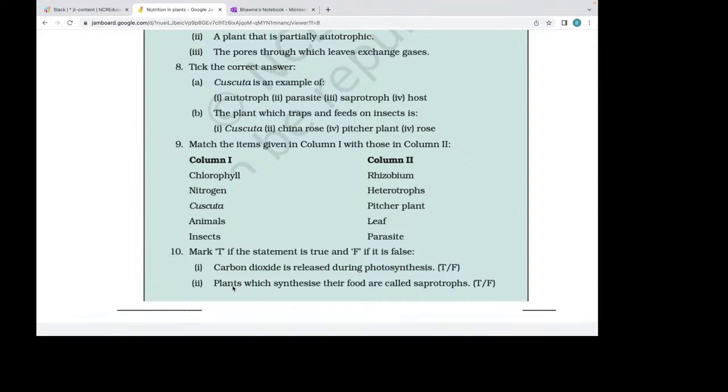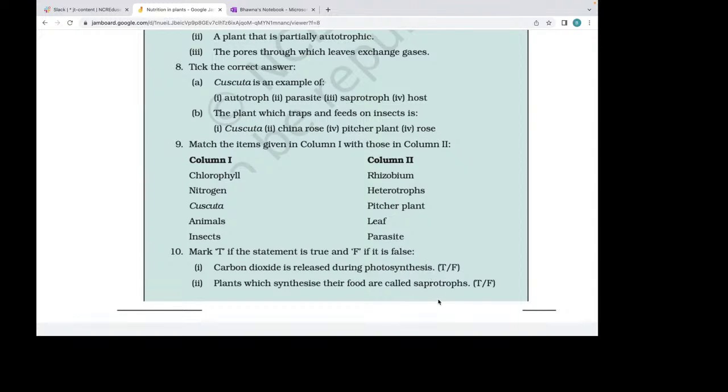Now, second one, plants which synthesize their food are called saprotrophs. Do saprotrophs prepare their own food? Are they even green in color? Do they possess chlorophyll? No, this statement is again false. They can't perform photosynthesis.